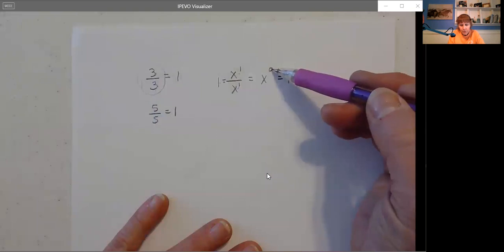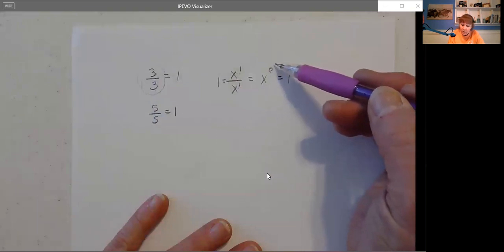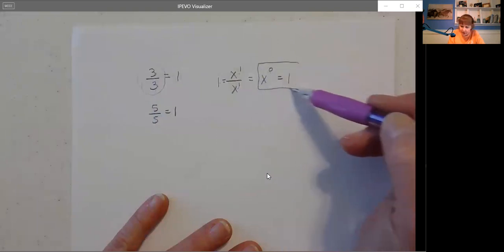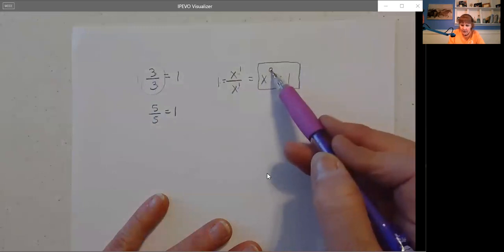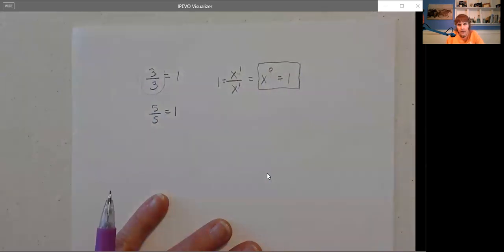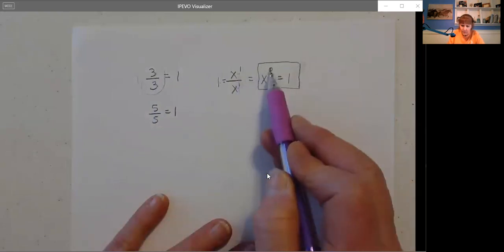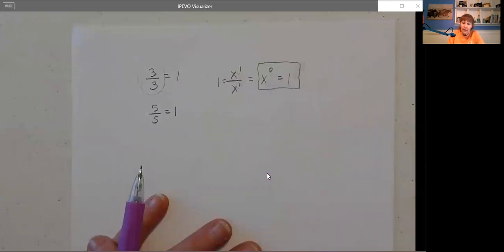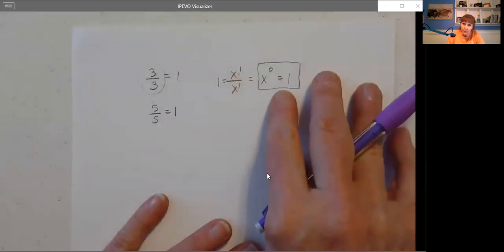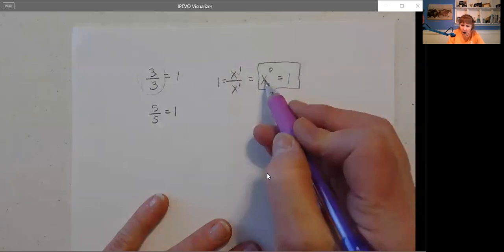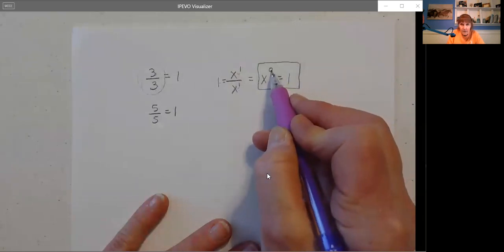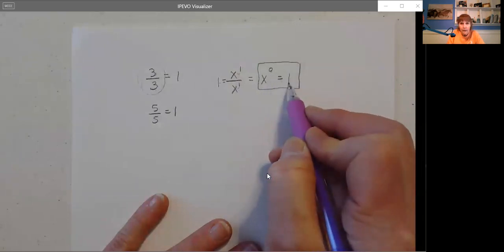But if you use your rules, you get this, which means that by definition here, x to the 0 has to equal 1. All right, so anything to the 0 power, 1 minus 1 gives you 0, is 1. So this is just kind of a proof for you as to why anything to the 0 power is 1.